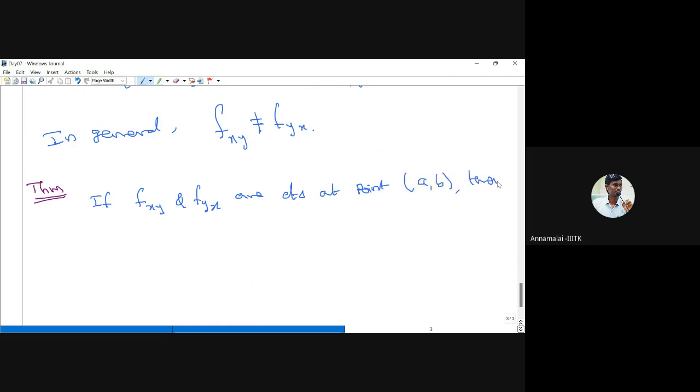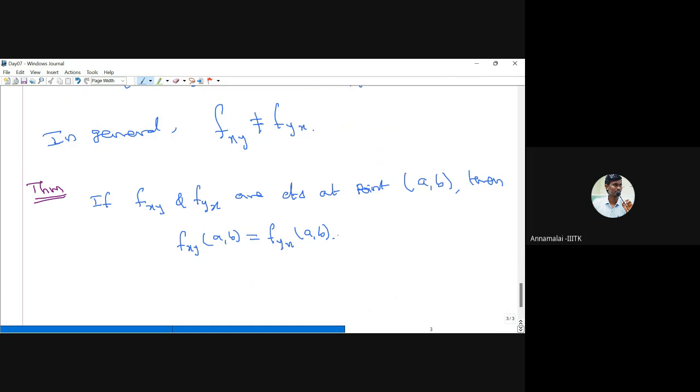Then both are equal at the point a comma b. That is, fxy of a b equals fyx of a b. So this is one theorem. If both second partial derivatives are continuous at every point, then the two functions are equal.